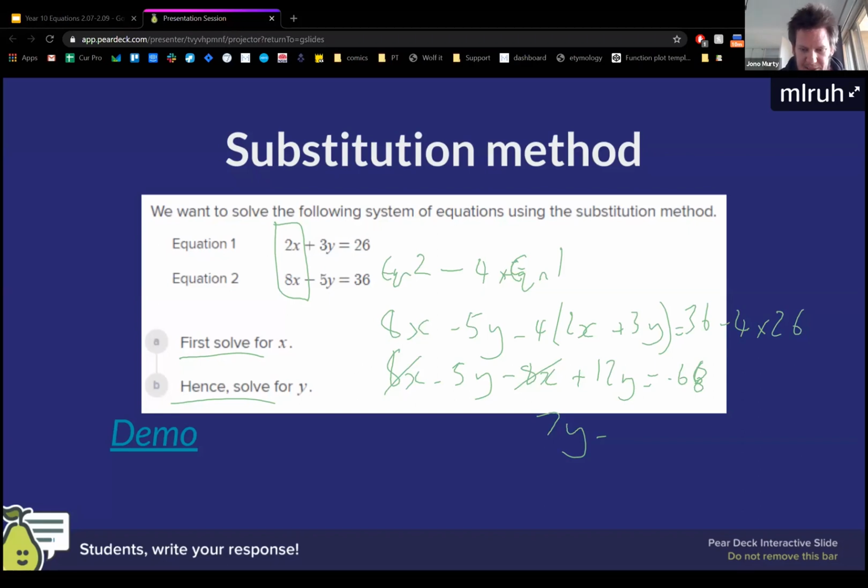For some reason, I just cannot think clearly today. 8x minus 5y minus 4, 2x plus 3y, minus 8x. Ah, 36 minus, yeah. I just cannot count.